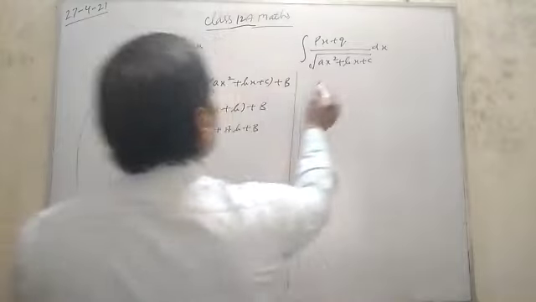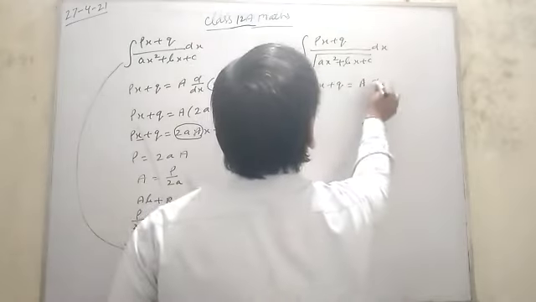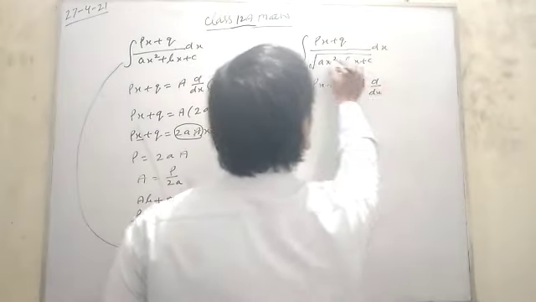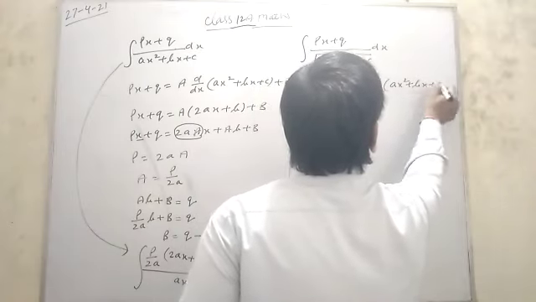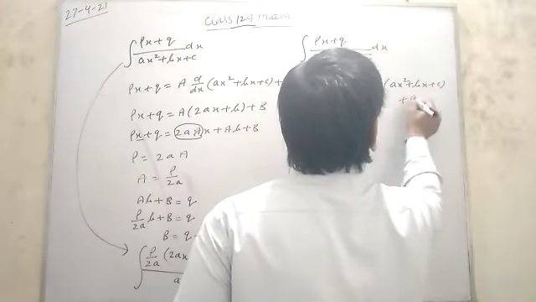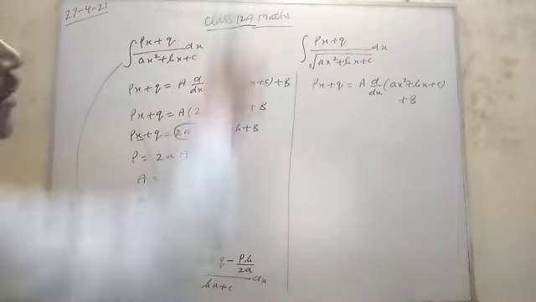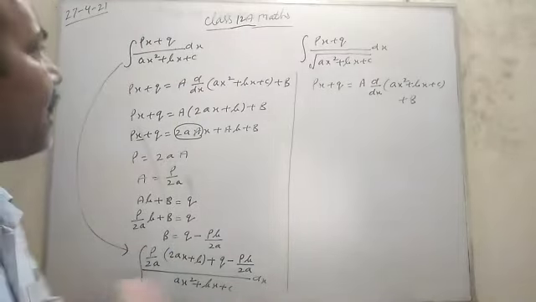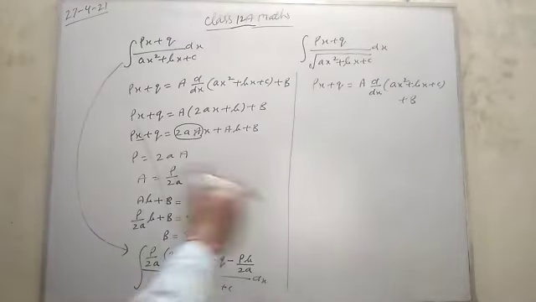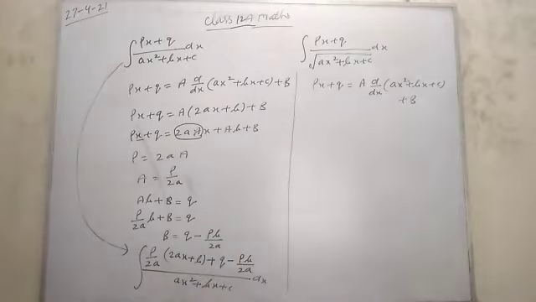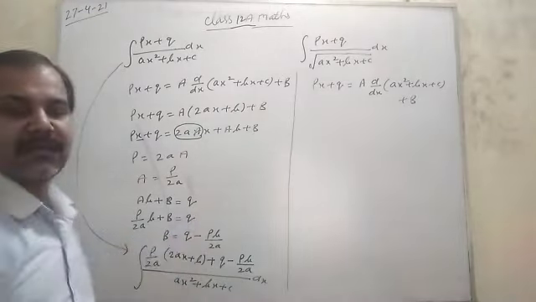Here also we will write px plus q as A times the differentiation of the expression without root, ax square plus bx plus c, plus B, and after finding the values, put them there and integrate separately. When I discuss the exercise questions, if there is any problem in this, it will be clear.